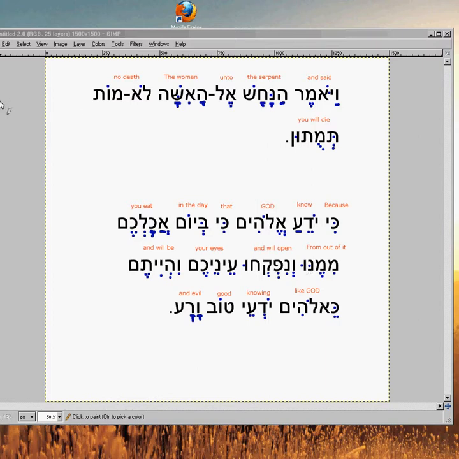So, now we know exactly what was said in the original Hebrew, and it's very important to know the Hebrew because the words are crystal clear. Like, let's just do for instance, the first book of the Torah or the Bible.